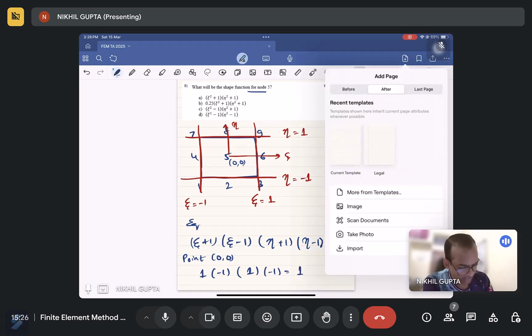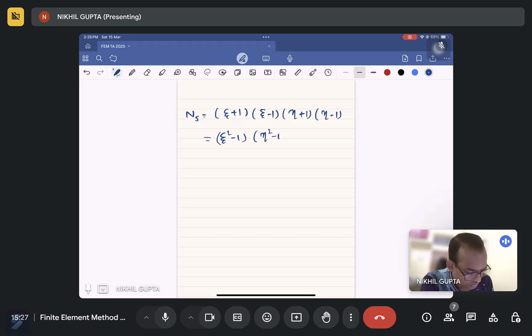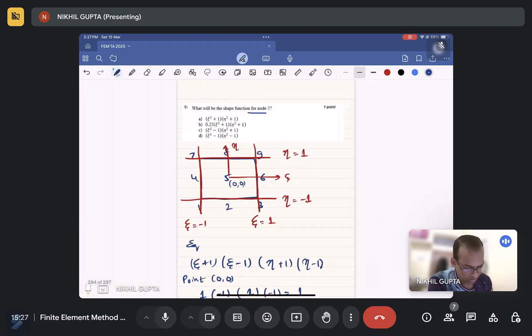So what will be N5? N5 will be (xi plus 1)(xi minus 1)(eta plus 1)(eta minus 1) divided by 1, which is (xi square minus 1)(eta square minus 1). So the option is D.